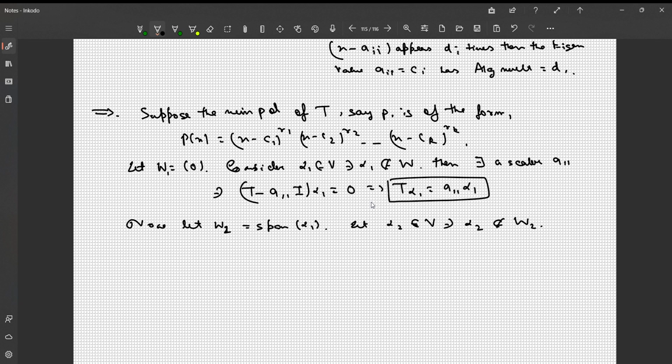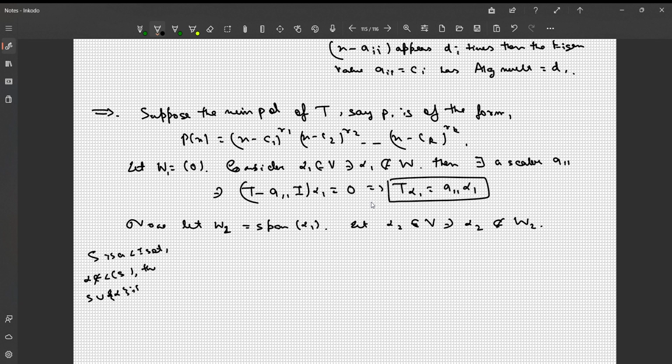So let alpha 2 belong to V such that alpha 2 is not in W2. Now we had discussed something about linear independence: if you have a set S and a vector alpha such that alpha is not in the span of S, then including alpha in the set S keeps the set linearly independent, provided that it was already linearly independent.